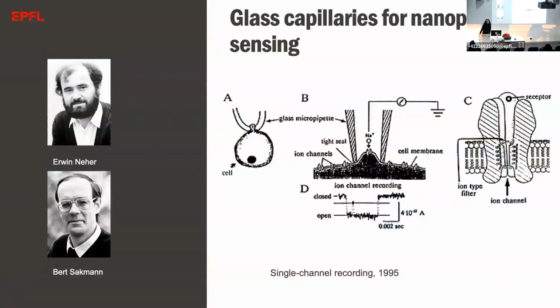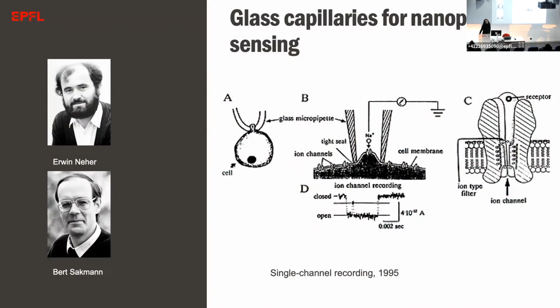So going again a little bit in the history, even further in the history, because I think it's good to remind people about historical developments. The pipettes have been used for studying ion channels, and they have given people a Nobel Prize. So here are pictures of Bert Sakmann and Erwin Neher.